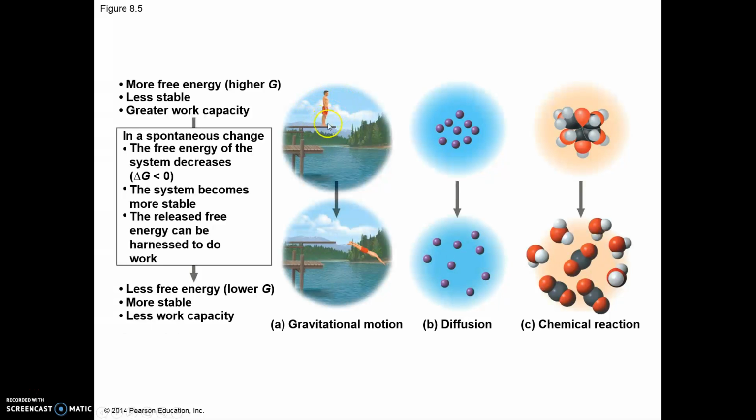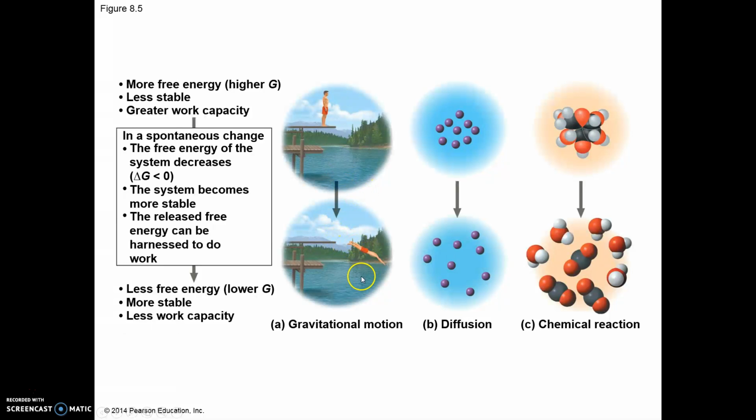Both entropy and enthalpy are changed, but it produces a liberation of energy. So here we have more energy, less stable, because up here you could fall off. So you can imagine it being less stable. And this has a capacity to do more work if it's liberated.